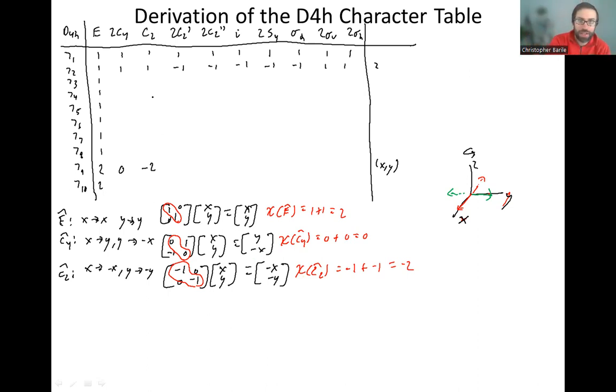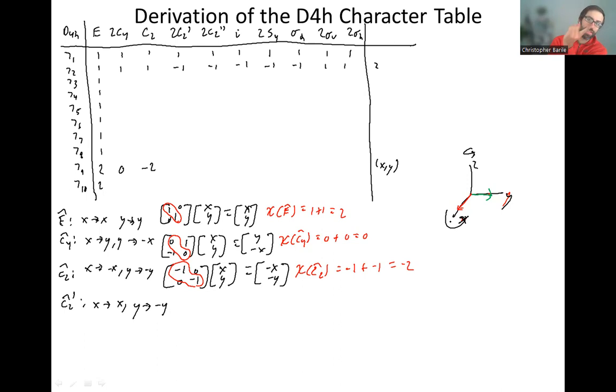Okay, now we got to do the next one, which is C2 prime. C2 prime, remember, we defined as going along our x-axis. So if we're going along the x-axis and we're doing a 180-degree rotation, it's not going to do anything to x. X is going to go to x, but y is going to go to the negative of itself. It's going to spin it over there, right? Because we're flipping it 180 degrees this way.